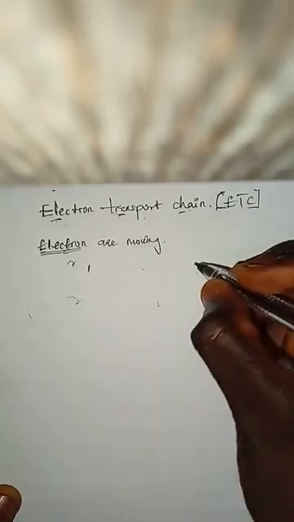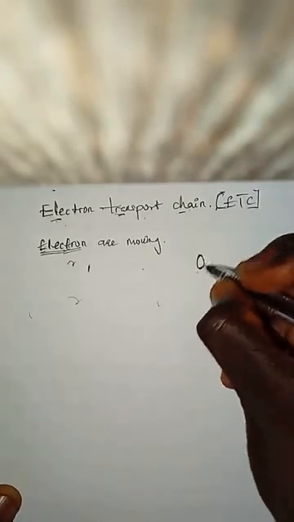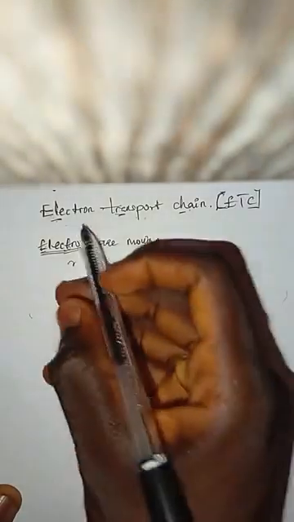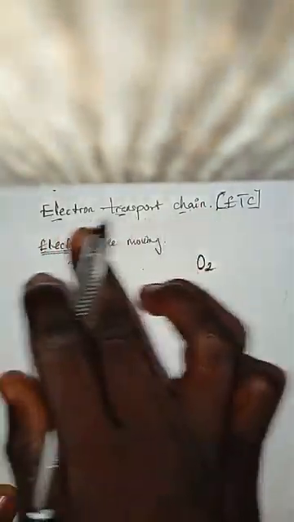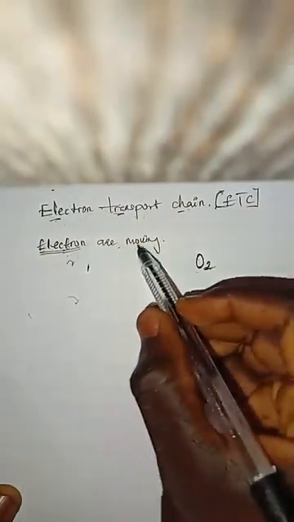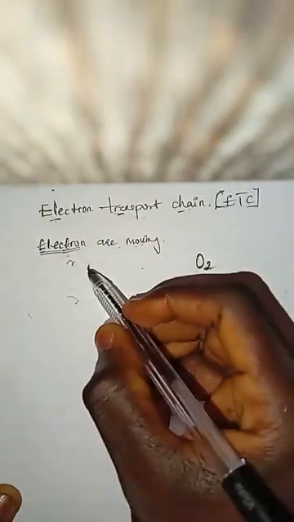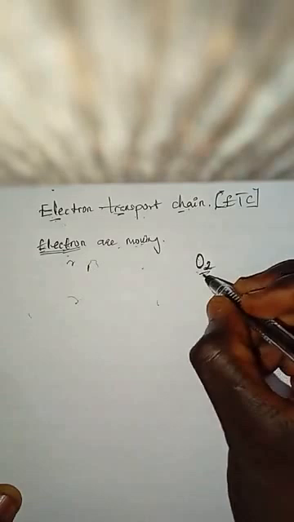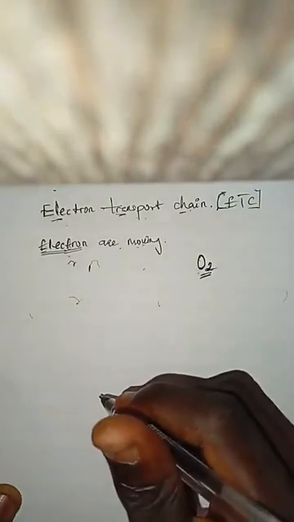And that final acceptor is what? It is oxygen. So oxygen is our final acceptor. When we talk about electron transport chain, I'm just using the main words to explain it for now. It simply means electrons are being transported from one acceptor to another until we get to the final acceptor, which is molecular oxygen.